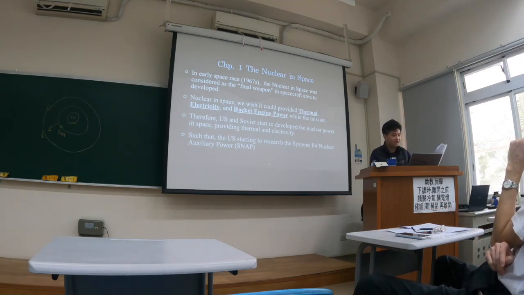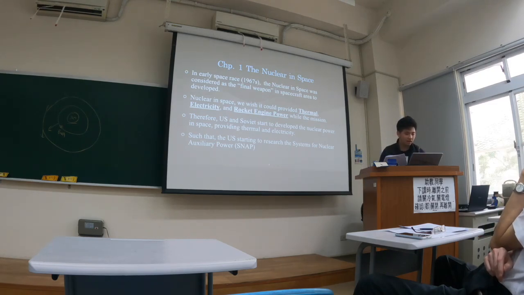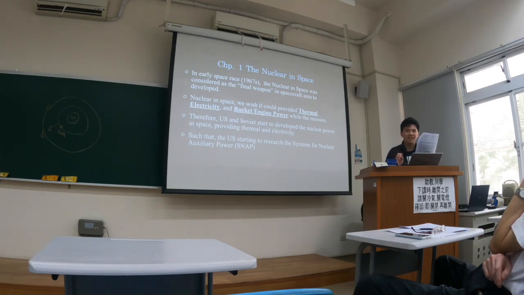Therefore, the United States and the Soviet Union started to develop nuclear power in space, providing thermal and electricity. The US started to research the system for nuclear auxiliary power, which we now call the SNAP project. In the SNAP project, NASA developed two types of nuclear power generator.